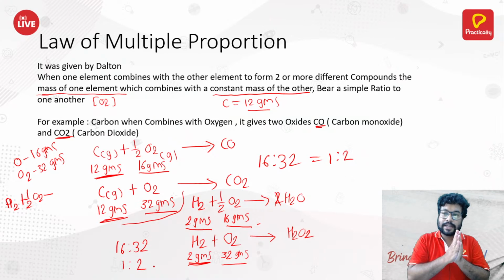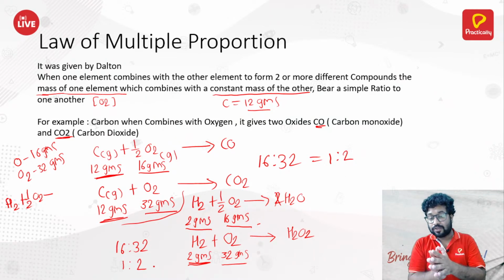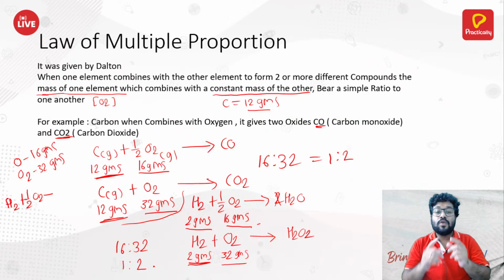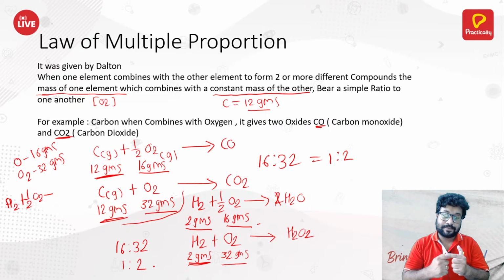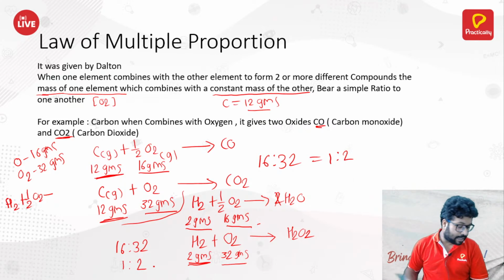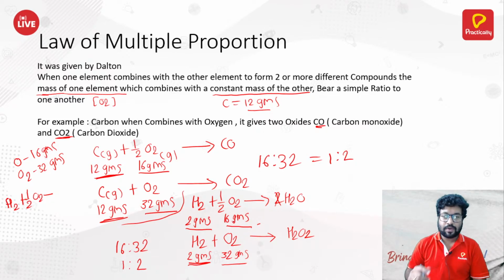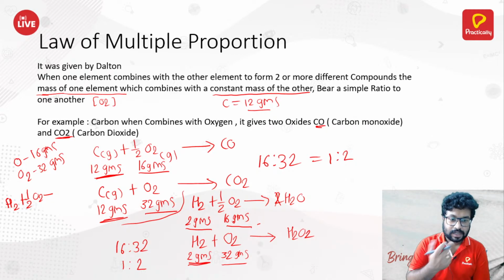You have to take the ratio of the weight of the other element whose mass is changing. Because oxygen's mass is changing. Here it is 16, here it is 32. Same thing goes here also. So that is what the law of multiple proportion is all about. Okay. So let's move ahead.